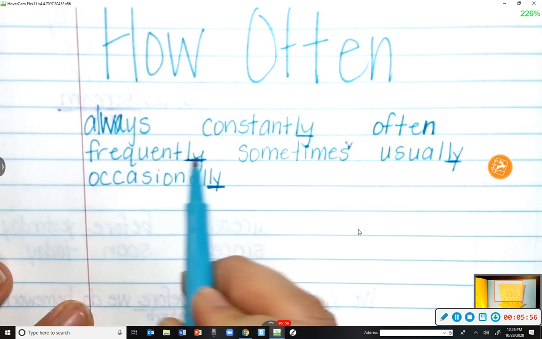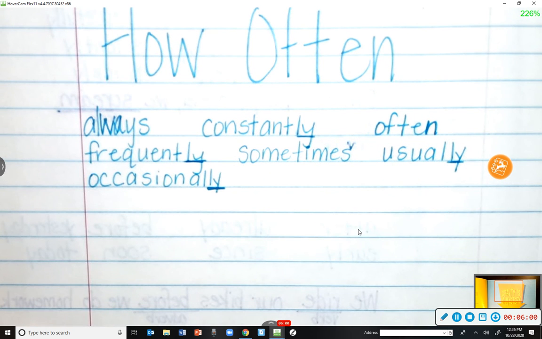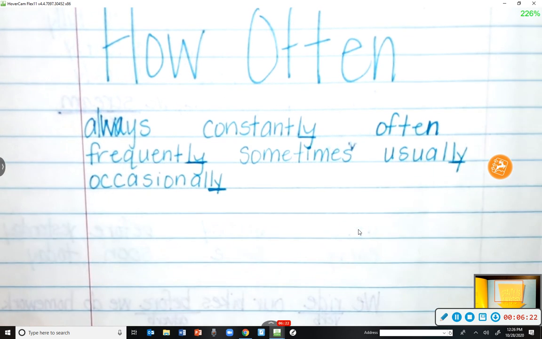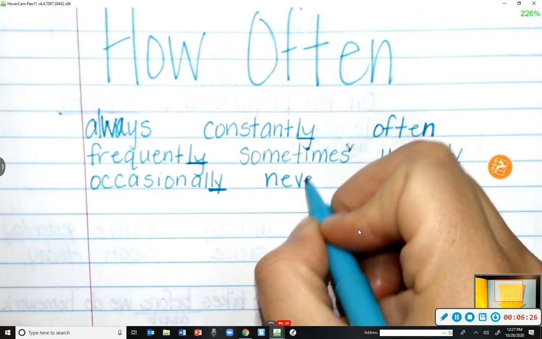Can I say the sentence? A sentence? Sure. Tell me a sentence. I occasionally get picked up early. Good. So occasionally describes the verb picked, right? Okay, never is another one.